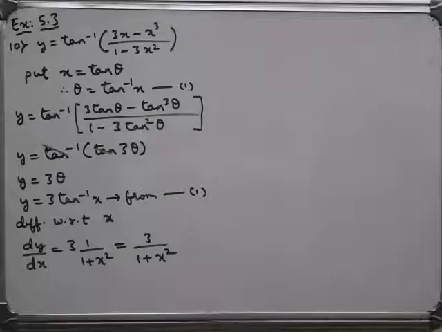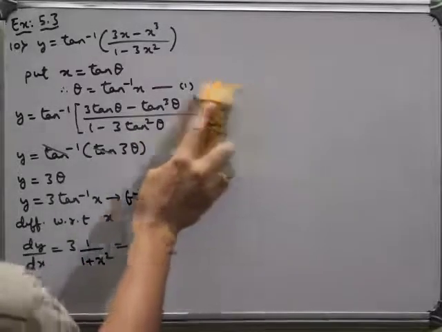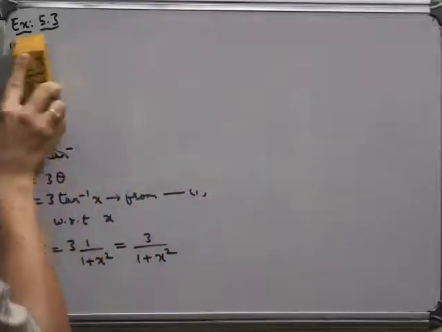Let us see question number 11. Okay, what is question number 11? Y is equal to cos inverse of 1 minus x square by 1 plus x square. Okay, so what I will do is I will just provide you the hint for the remaining problems. You can continue that.